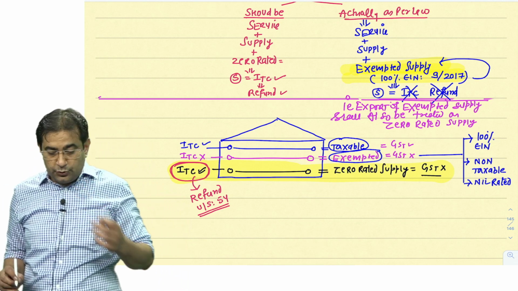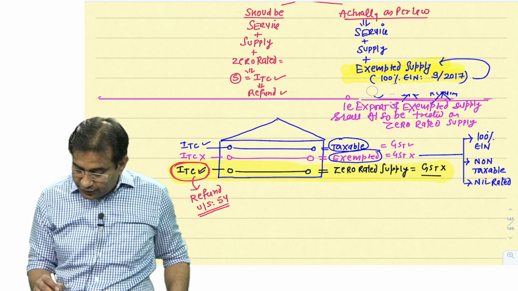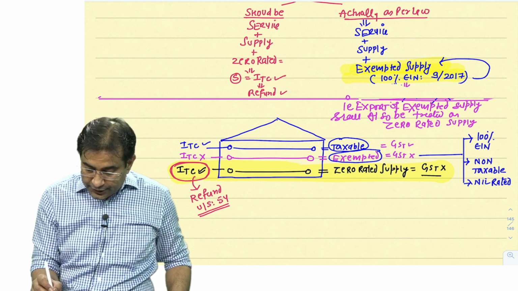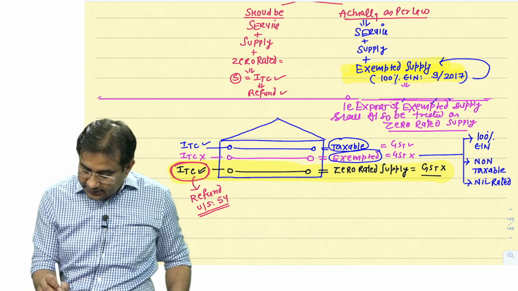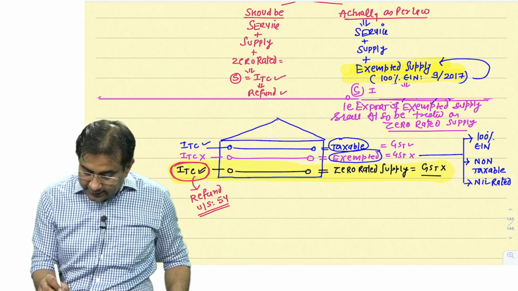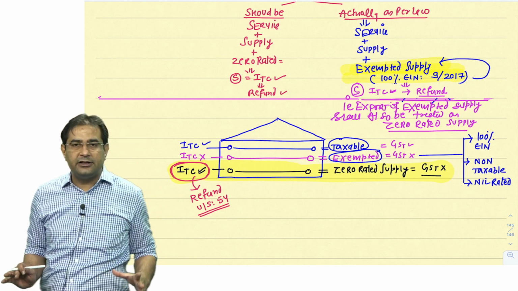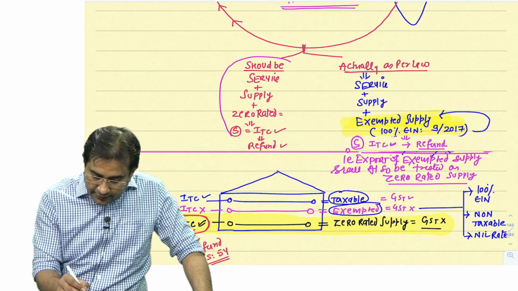So after insertion of the explanation, what would the final picture be? Now if it is termed as zero rated, then my dear, in such a case the supplier can claim corresponding ITC and also can claim refund of that particular ITC. So finally, after the amendment, the picture becomes the same as I desired.